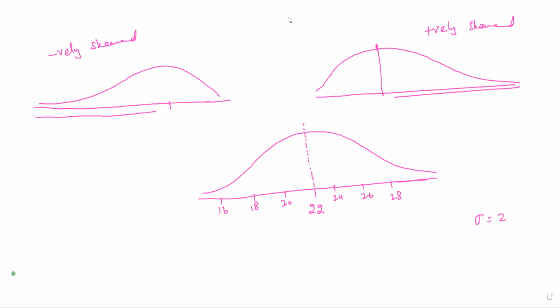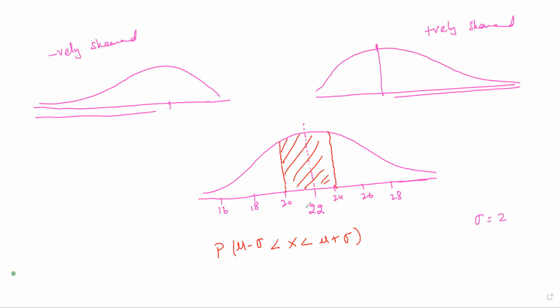Now, this is one of the features of a normal distribution, that nearly two-thirds of the class will have marks between 20 and 24. This is written as the probability that x is between mu minus 1 standard deviation and mu plus 1 standard deviation, because your mu is 22.